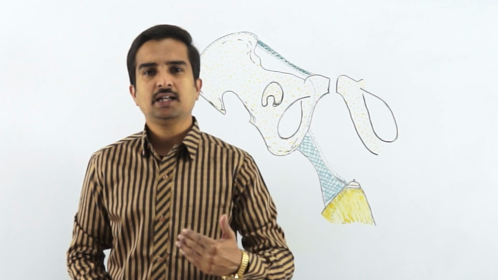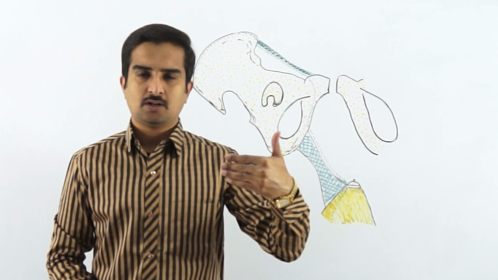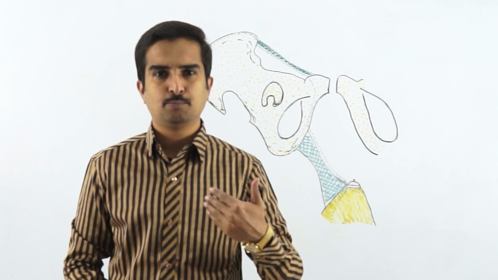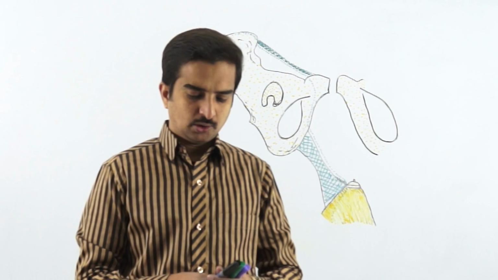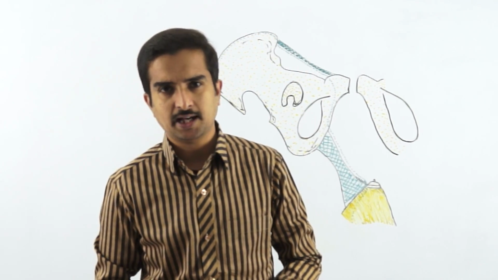So if you see the attachments of this fascia lata, it has superior attachment, inferior attachment, anterior, posterior, medial as well as lateral attachments. Let us see the attachments of the fascia lata or deep fascia of the thigh.